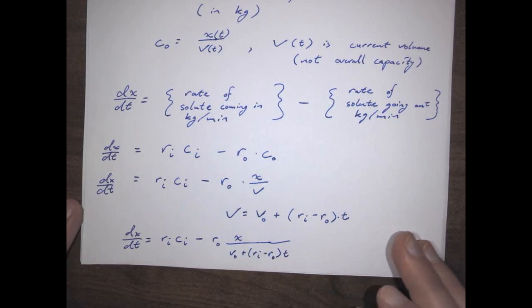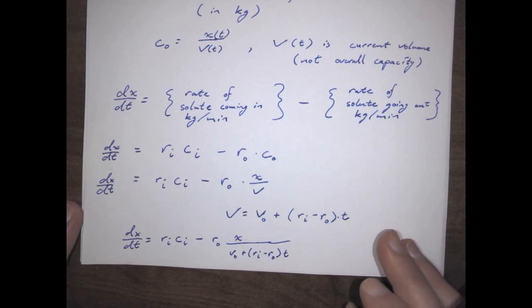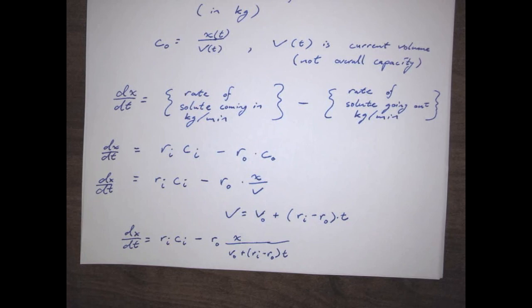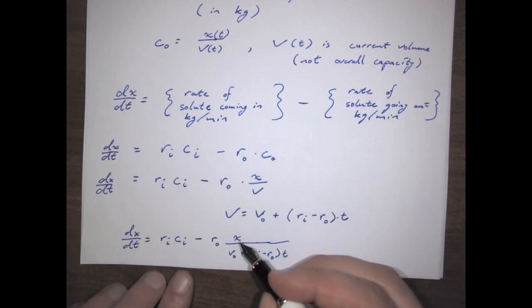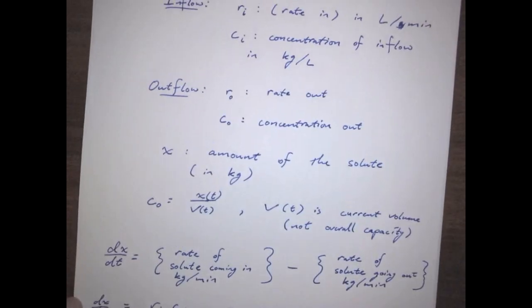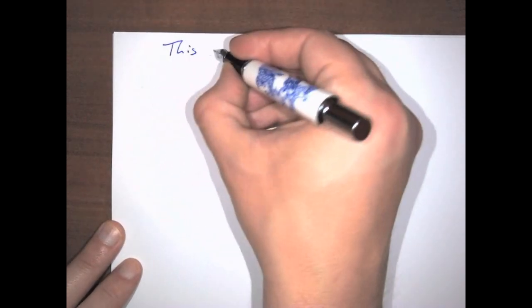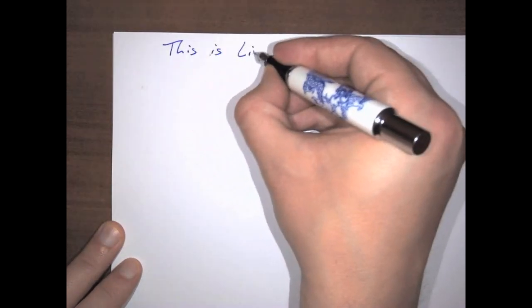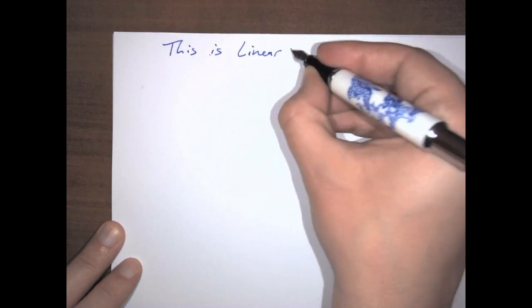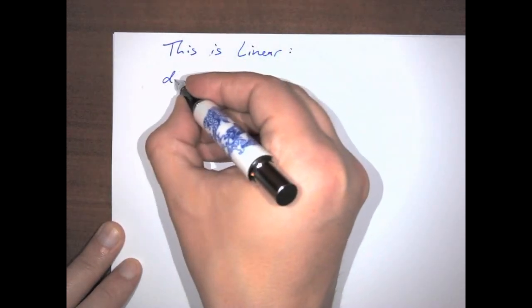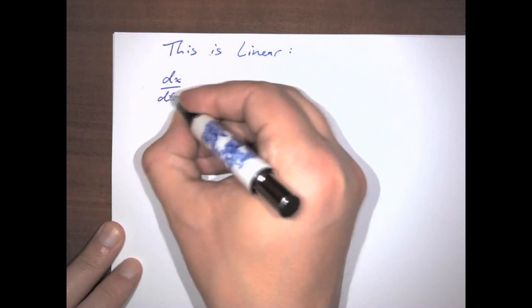All right, now to turn this into the default format of a linear differential equation, and it is linear in x, which is the important thing. X here is playing the role basically of what y was in the original framework. So this is linear. And it's linear in that it's going to look like dx dt.